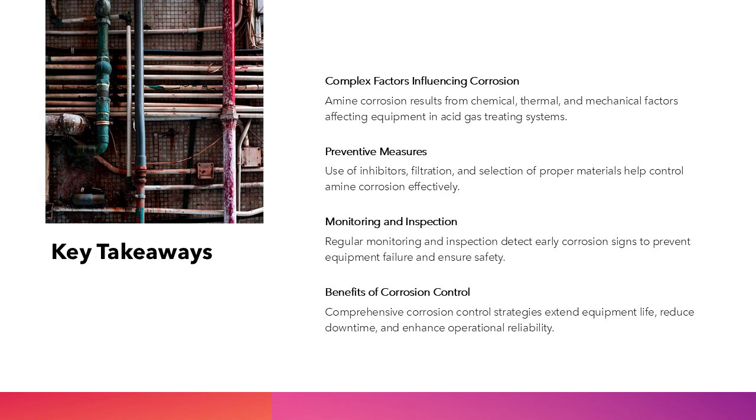Effective management requires understanding the underlying mechanisms, selecting appropriate materials, controlling operating conditions, and implementing preventive measures such as inhibitors and filtration. Regular monitoring and inspection are essential to detect early signs of corrosion and prevent catastrophic failures. By adopting a comprehensive corrosion control strategy, operators can ensure reliable performance, minimize downtime, and extend the service life of critical equipment.